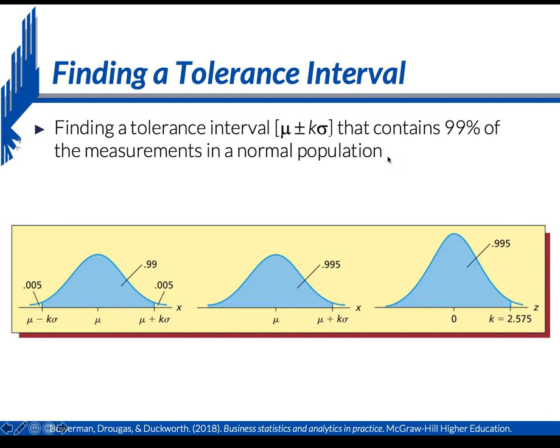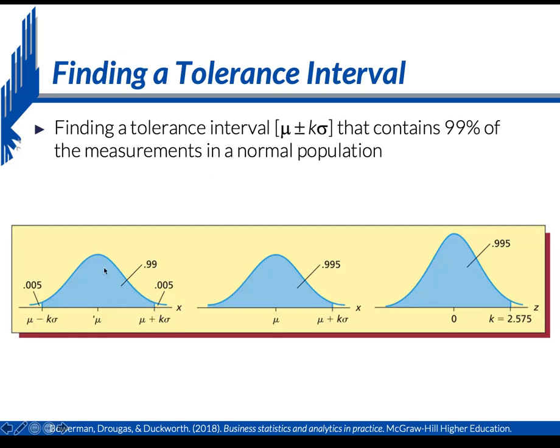So in this example, we are being asked to find a tolerance interval that contains the middle 99% of measurements in a normal distribution. So visually, the middle 99% is shown here. The one at the center is the mean. This is the lower bound. This is the upper bound.